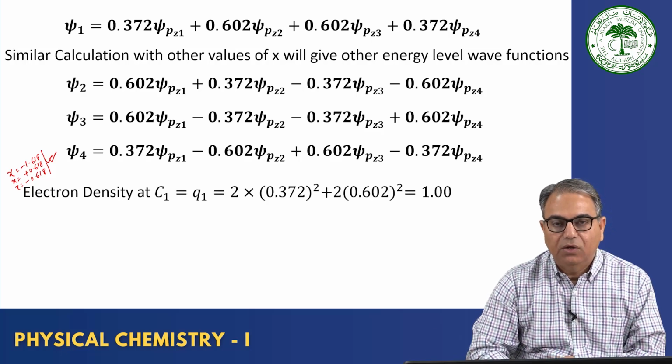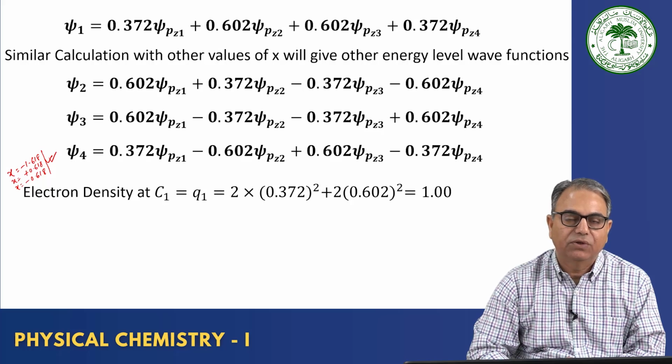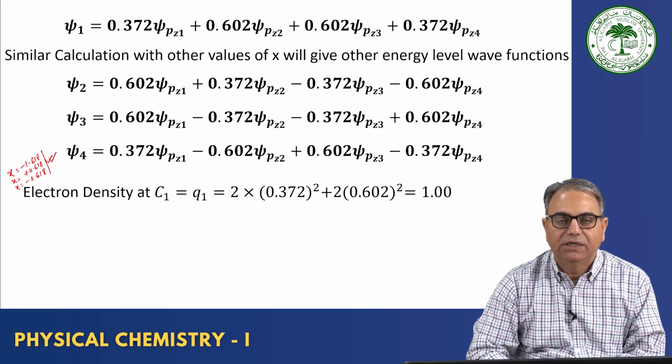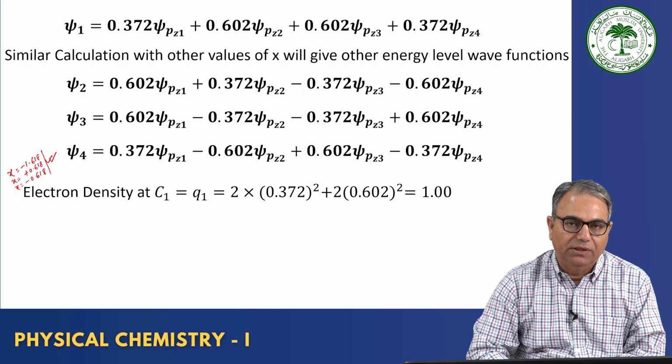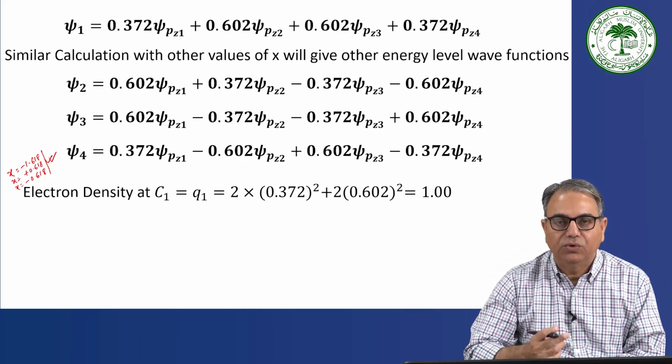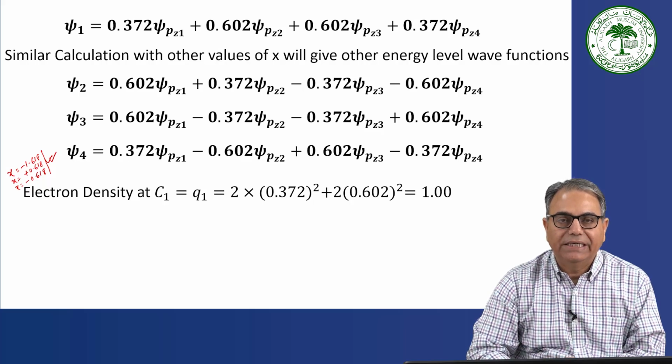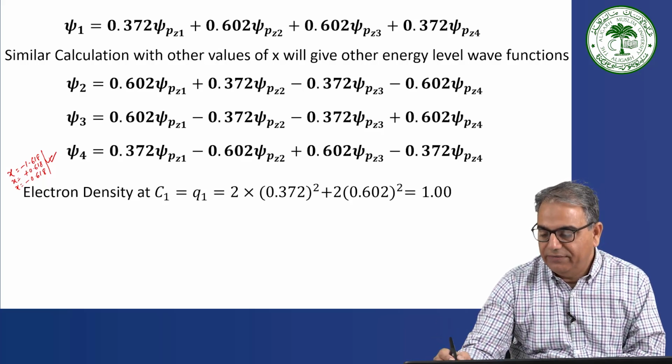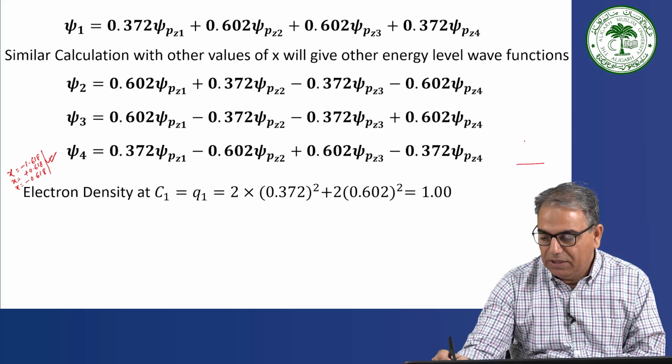Now, once you have these wave functions, the next task which we do for every molecule is calculating electron density, charge density, and bond order. So in electron density, you consider only those orbitals where the electron is present.